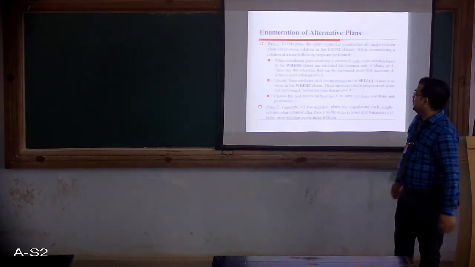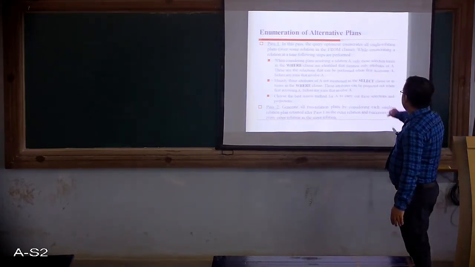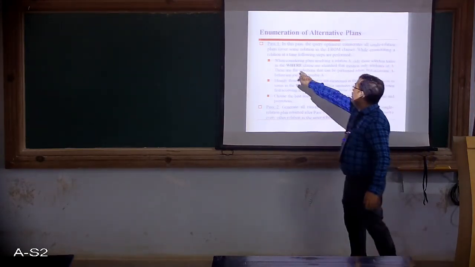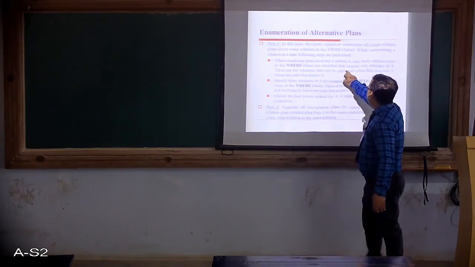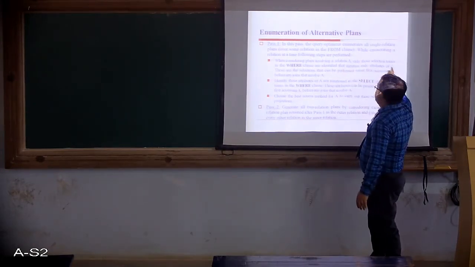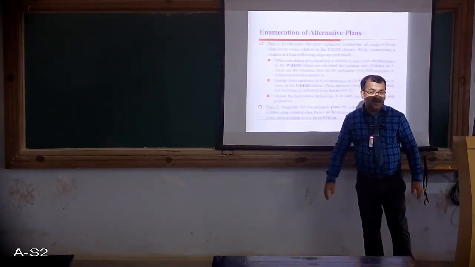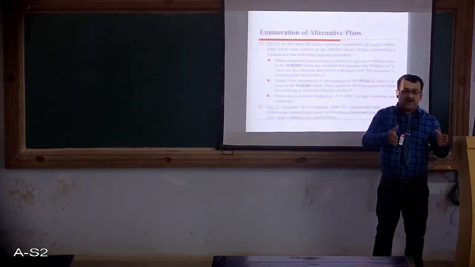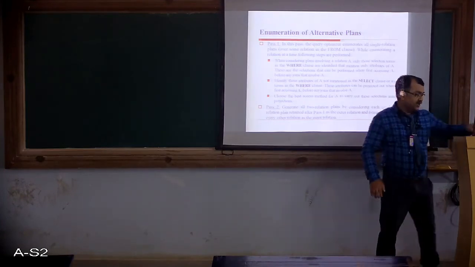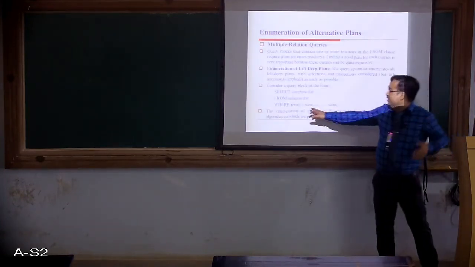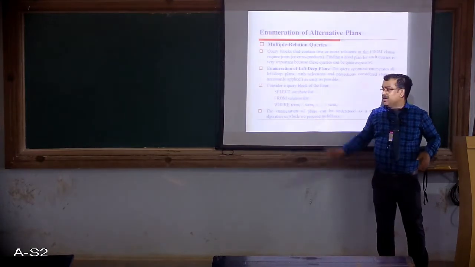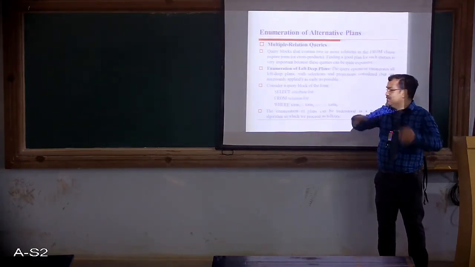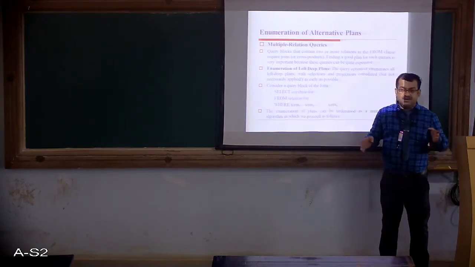While considering the plans involving, say, relation A, only those selection terms in the where clause are identified that mention only the attributes of A. So only those terms in the where clause are considered. In this example, suppose term 1 and term 2, only the single relation terms are considered.